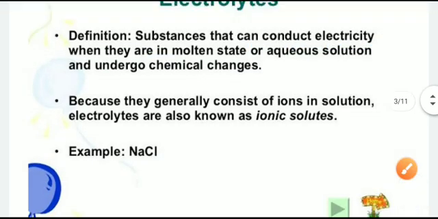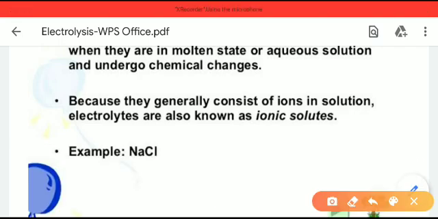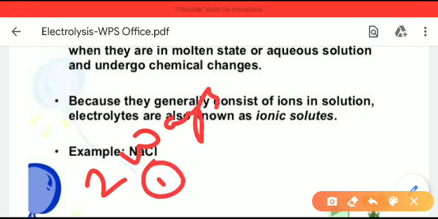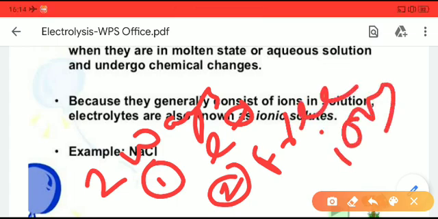Remember one thing, electricity can be conducted in two ways. Number one, by free electrons, and number two, by the movement of free ions. In the ionic compounds or electrolytes, they get ionized and form free ions.